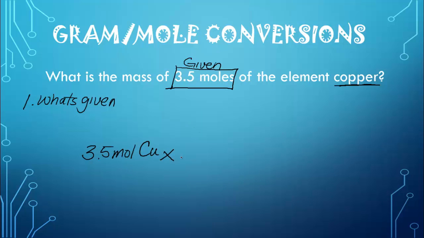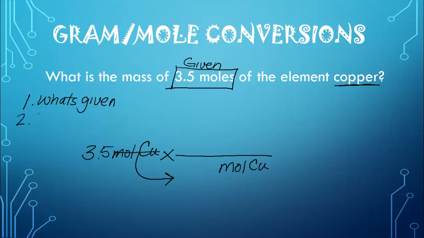Then we do our times a line. When we times the line, now we're going to use this ratio. Well, we know we want to get rid of moles of copper, so that is going to go to the bottom. We don't carry the number with us, we just carry the unit. So we're going to get rid of moles of copper. On top is what we want to change to.